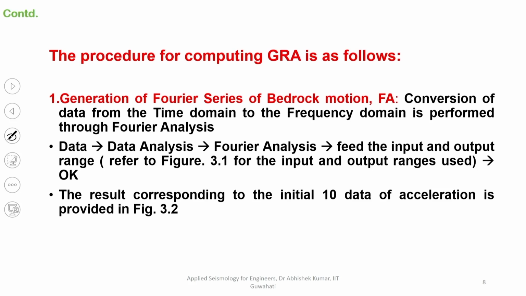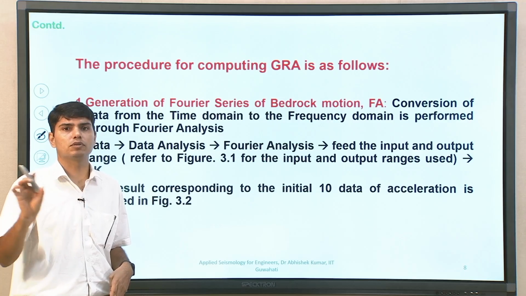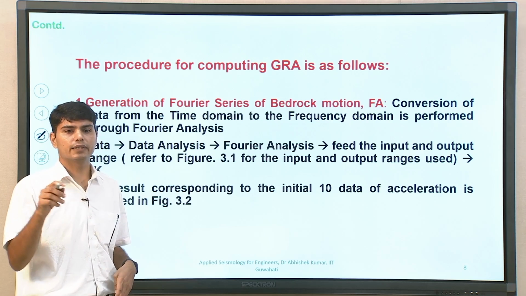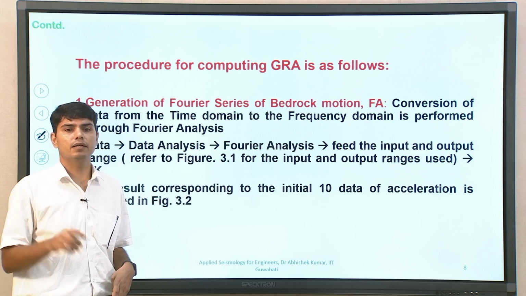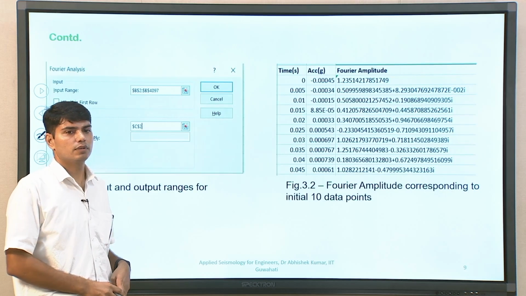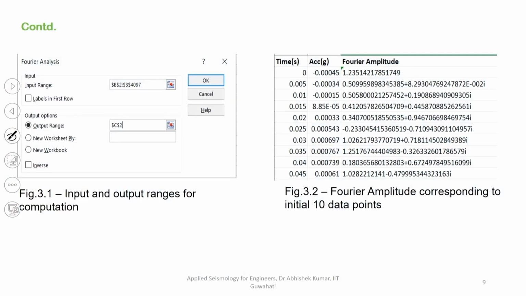Firstly, your ground motion records you will convert from acceleration time history to Fourier spectra using data. You go to data, then data analysis, and then Fourier analysis. You can see over here, once you go to Fourier analysis, it is going to ask how much is the input range.